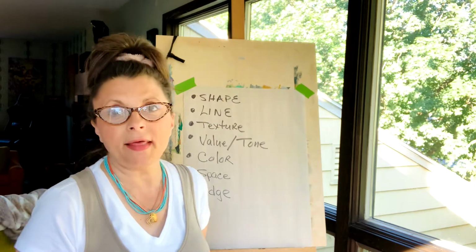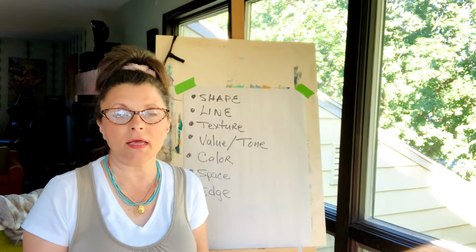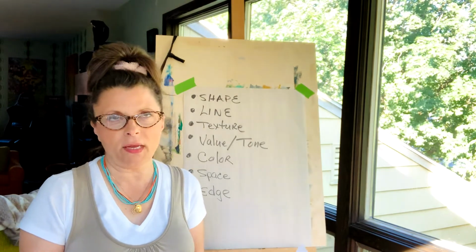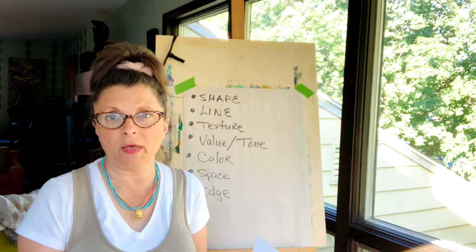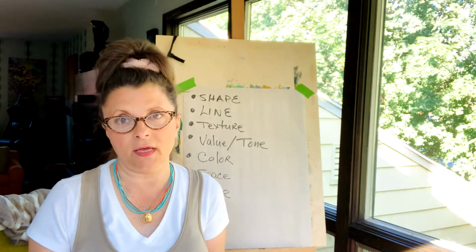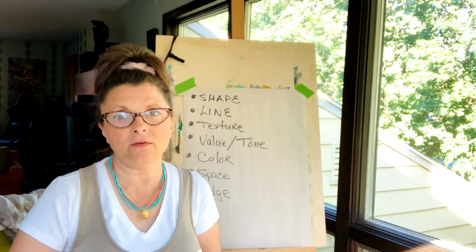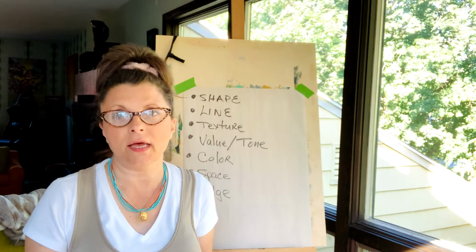So if we apply that to art, we need to, in the art that we're creating, look at it, evaluate it, and say to ourselves, does this piece of art in front of me have enough contrast? Or is it too much of the same thing? Are the values all too much alike? Are the shapes too much alike?